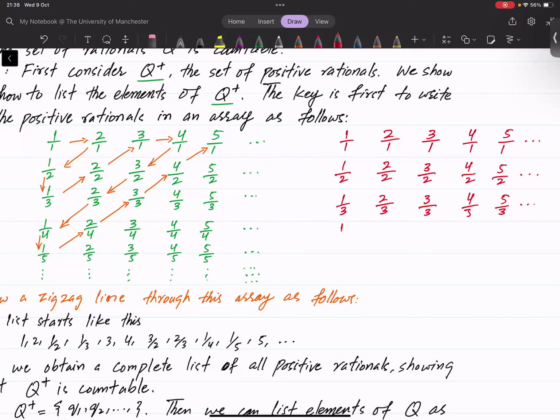And 1 over 4, 2 over 4, 3 over 4, 4 over 4, 5 over 4, and 1 over 5, 2 over 5, 3 over 5, 4 over 5, 5 over 5.